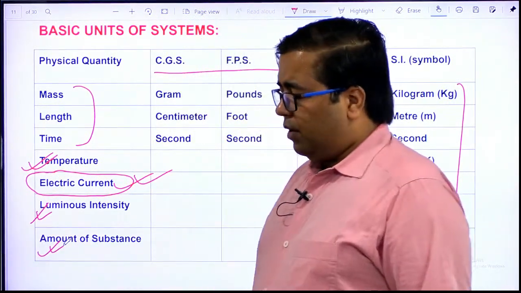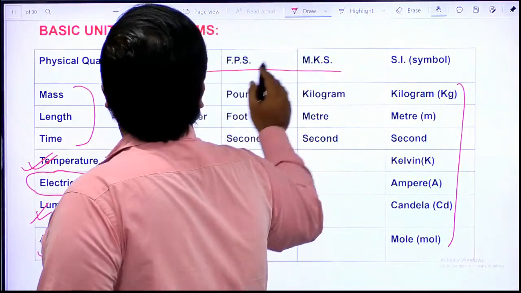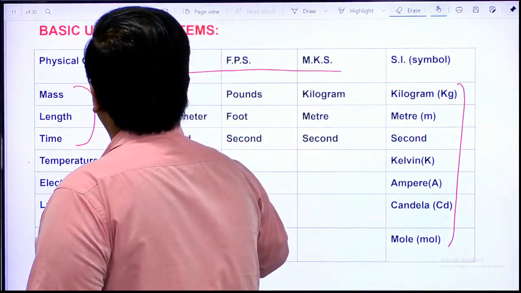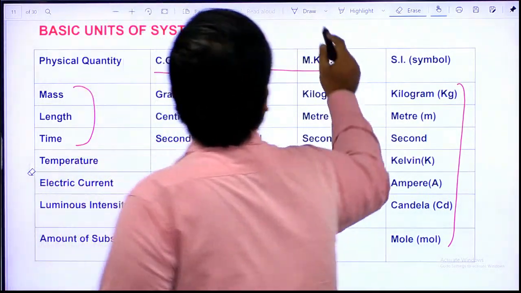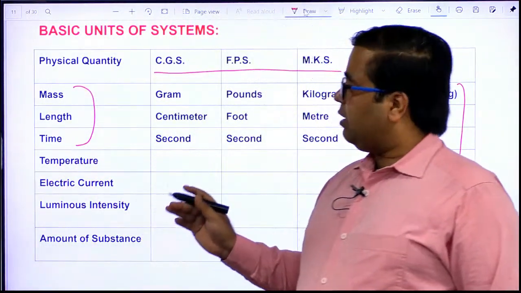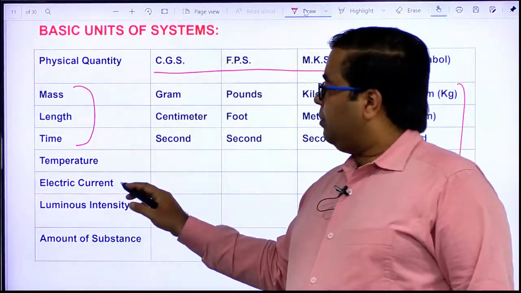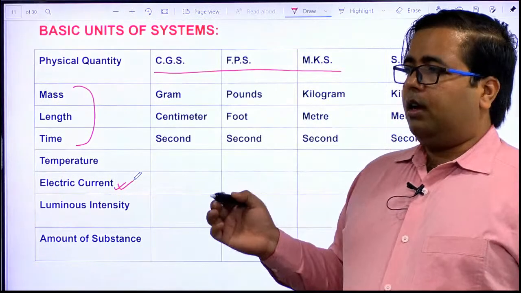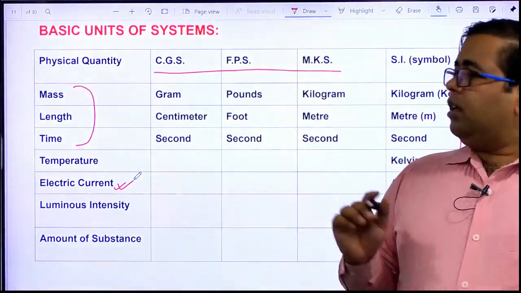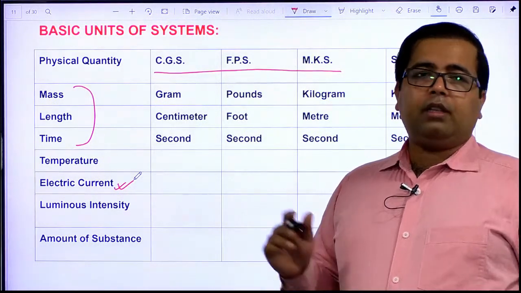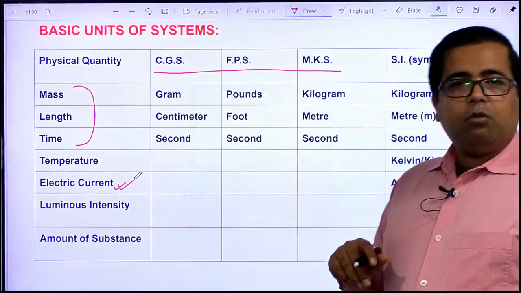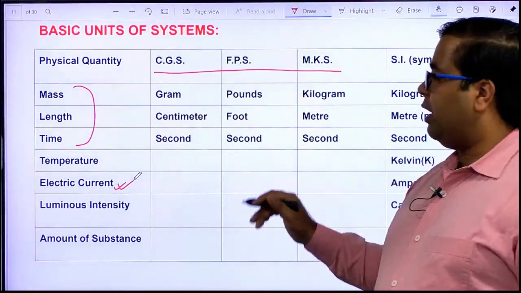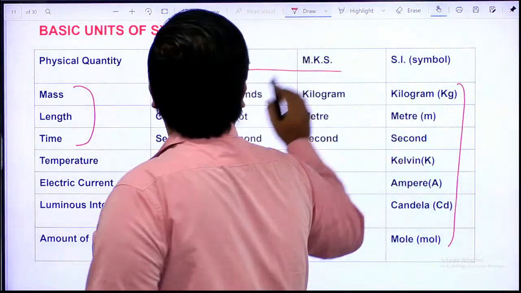As we discovered these physical quantities, we needed some units to derive the quantities related to temperature and electric current. For example, using electric current, we defined the unit of charge, the unit of magnetic dipole moment, the electric dipole moment, everything, using the unit of electric current.